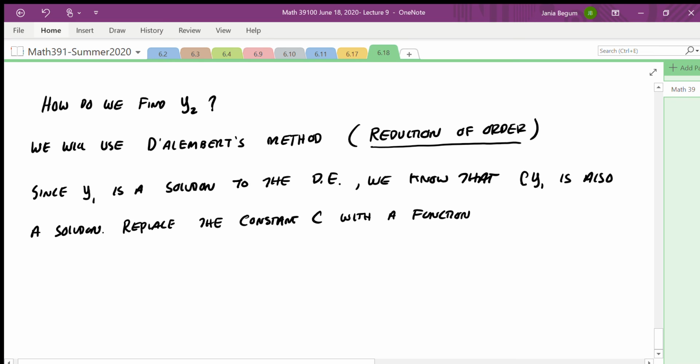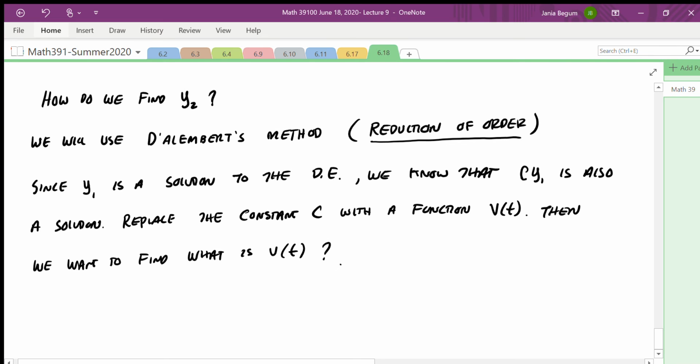Let's call it v of t, or v of x if your independent variable is x. Then we're trying to determine what this function v is. What is v of t? That's the idea, because that will give us the solution.